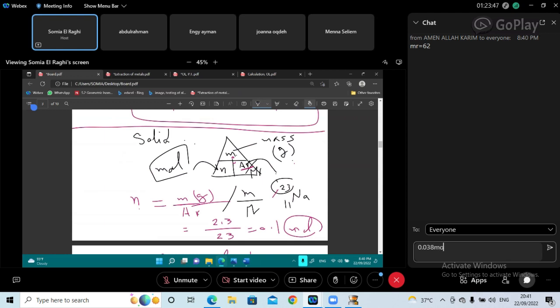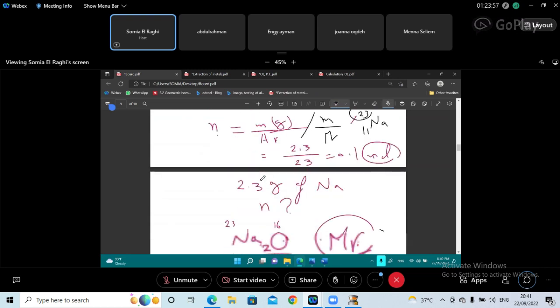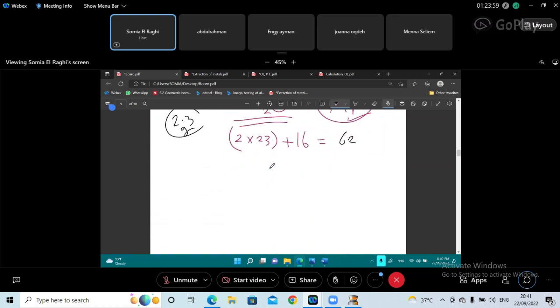Again, I repeat. I call this chapter the mole chapter because every time we need to find a number of moles. Let's see how to find the number of moles of this compound. We already calculated the molar mass, or the MR. We just substitute in the rule: moles equals mass in grams, given 2.3, over MR 62.